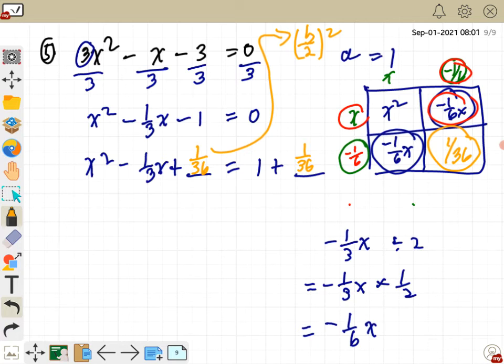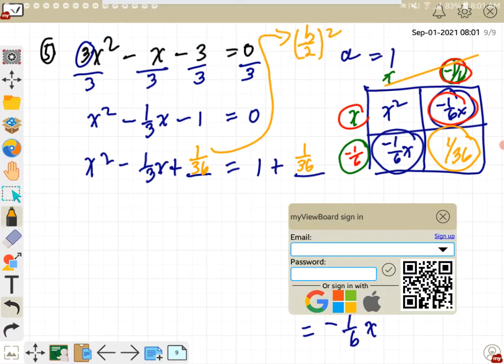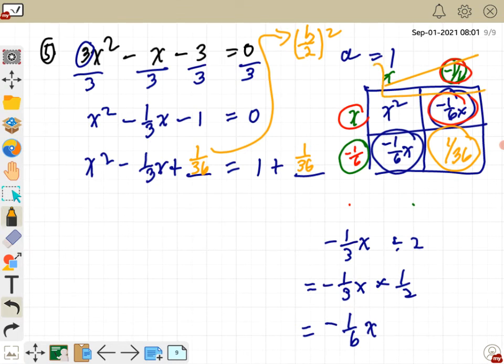So we have now a square. How do you factor that one? Go back to your frame here. Let us just erase this.